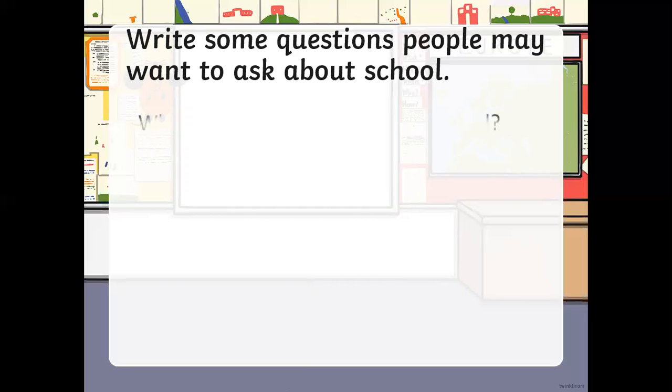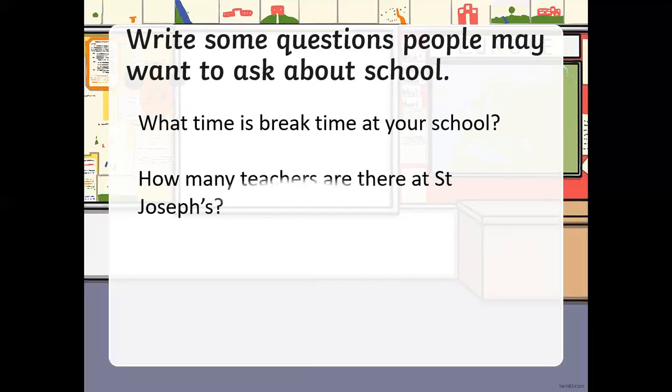Superb. So, some of the questions that I've come up with are, what time is break time at your school? Because break times can be different at different people's schools. So that is a question, and I have a question mark as well. How many teachers are there at St. Joseph's? Again, I have a question mark at the end.